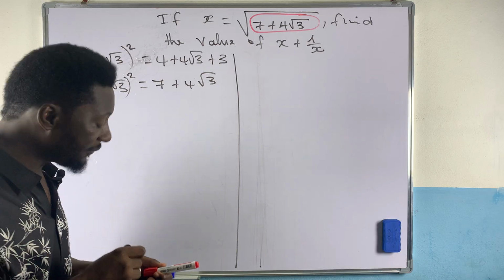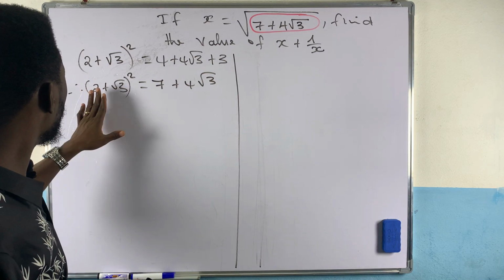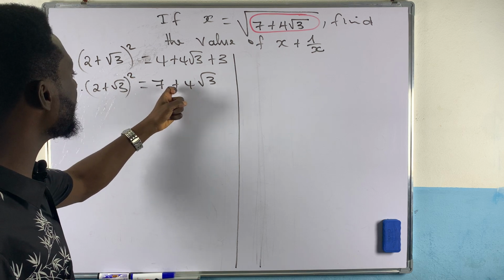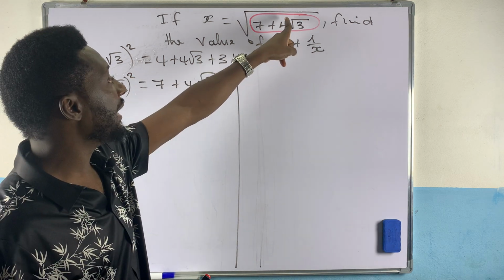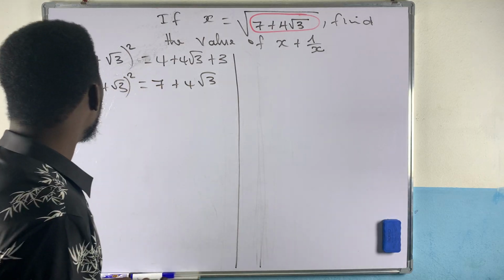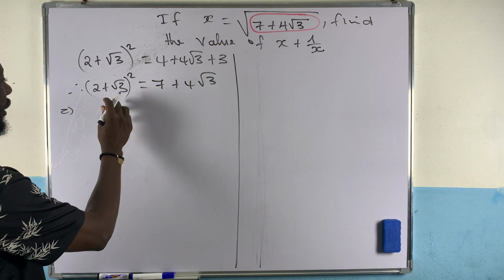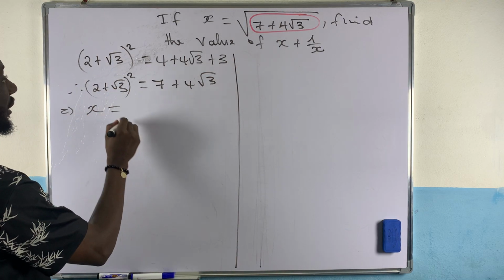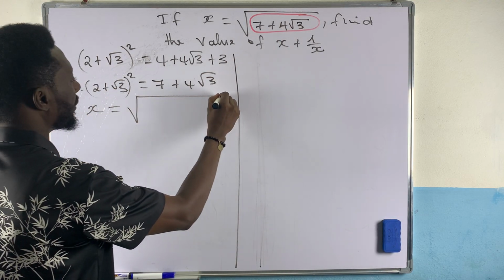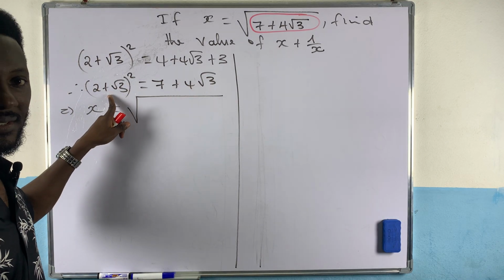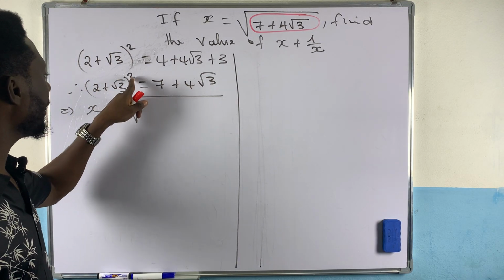So if you look at it clearly, you discover that when we square 2 plus root 3, it gives us 7 plus 4 root 3, which is the expression under our root. It therefore means I can use this to rewrite the entire equation as x equals the root of, instead of 7 plus 4 root 3, I will replace it with 2 plus root 3 all that squared.